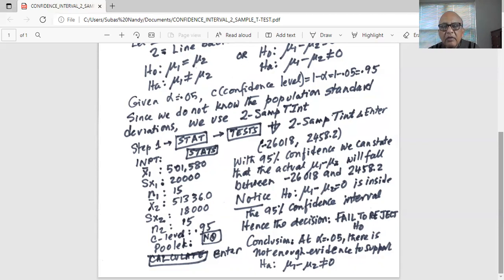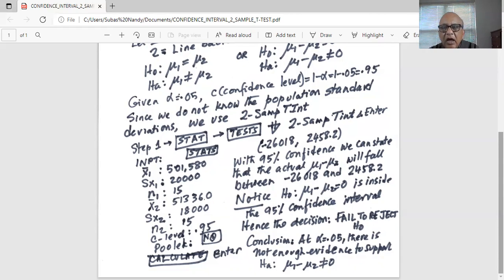So with 95% confidence, we can state that the difference between mu1 and mu2 will fall between minus 26,018 and 2,458.2. So zero is inside.